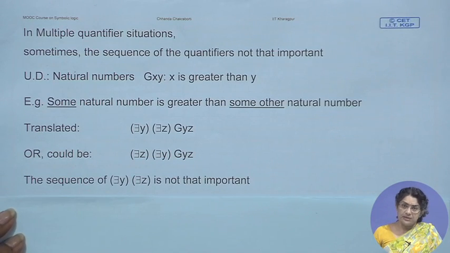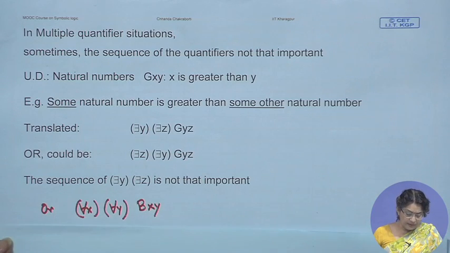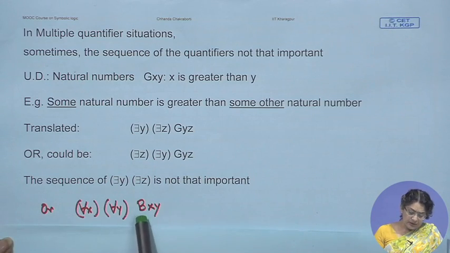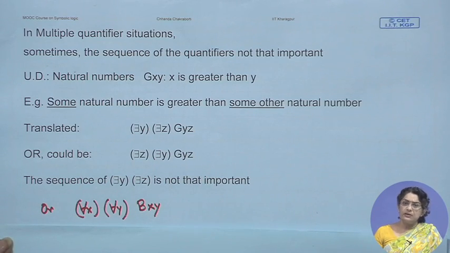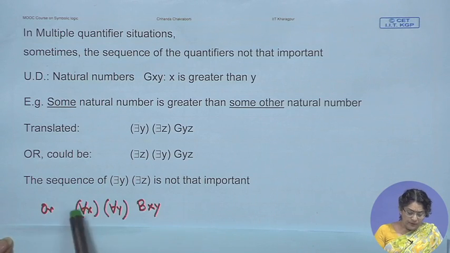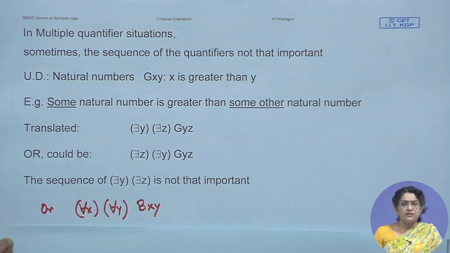So, the sequence in this case will not be important, as opposed to other cases, which I am going to show now, where the sequence is going to be quite important. Similarly, when you have two universal quantifiers lined up ruling over the same predicate b x y, if you interchange these quantifiers, it is not really going to matter much, the meaning is not going to be hampered much, right.